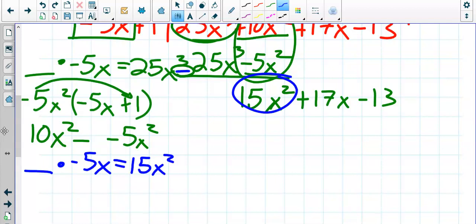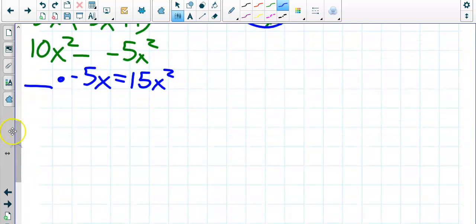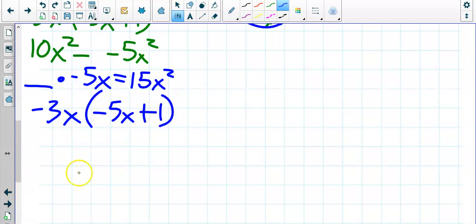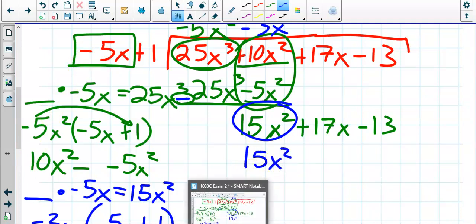All right, so we already know what our value is up there, the negative 3x. So we're going to multiply that by negative 5x plus 1, right? We're going to take our blue value that we had up here, and we're going to multiply the entire beginning piece, negative 5x plus 1. So what's negative 3x times negative 5x? Which is no surprise to us. We knew that these two were going to match.